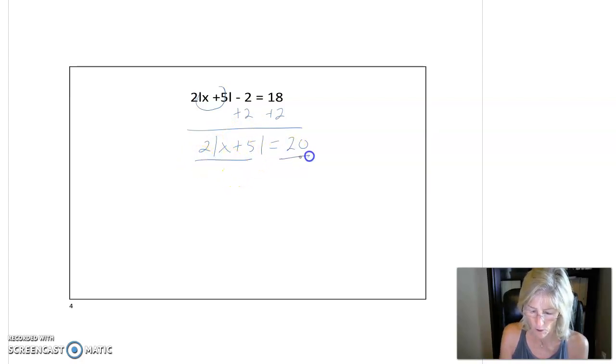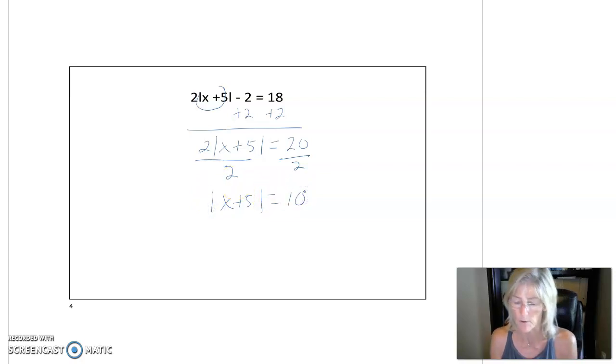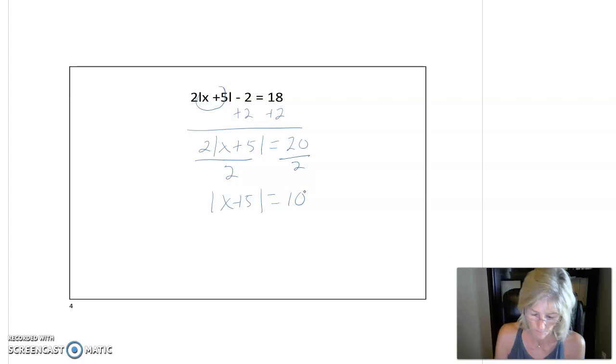I'm going to divide the whole thing. Since this is a 2 times, I'm just going to divide so I get this x plus 5 all by itself. Now I'm ready to split it into two equations. The first equation, x plus 5 equals 10, is identical to the first.